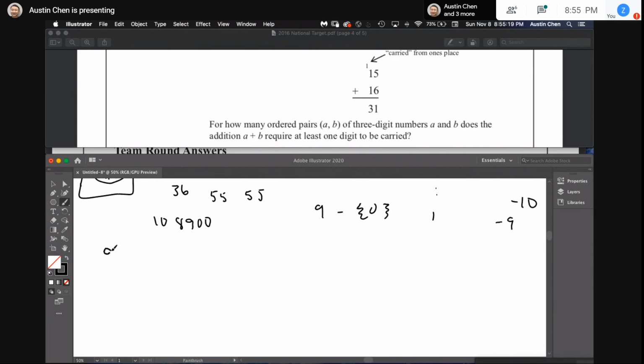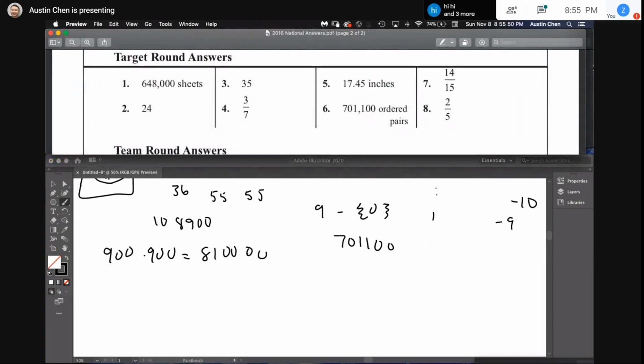We have 900 possible three-digit numbers, so the possible number of ordered pairs of three-digit numbers is just going to be 900 squared, which is 810,000. And then we subtract that, and we get 701,100. Let's see if this is correct. Yeah, that's correct.